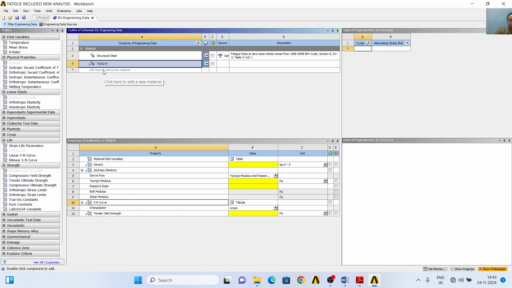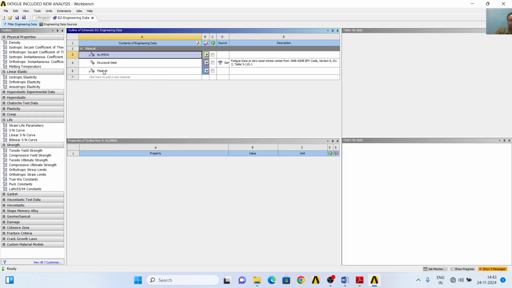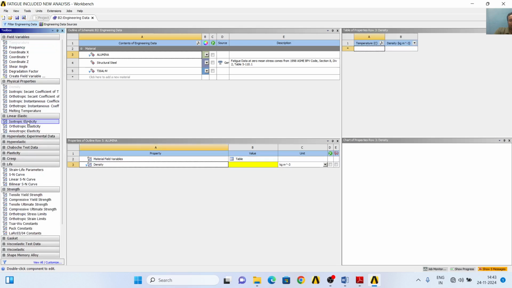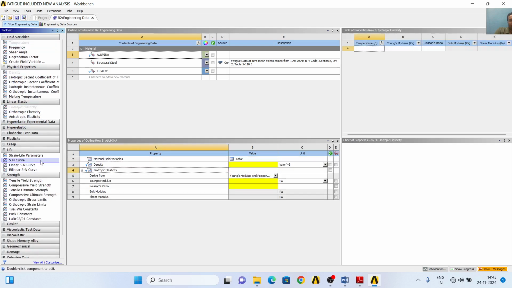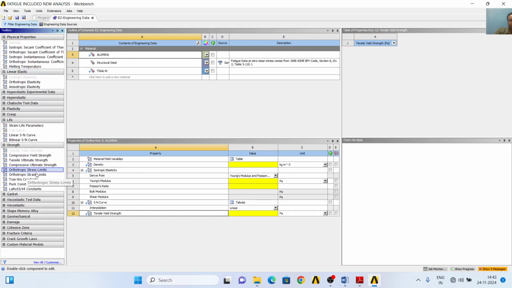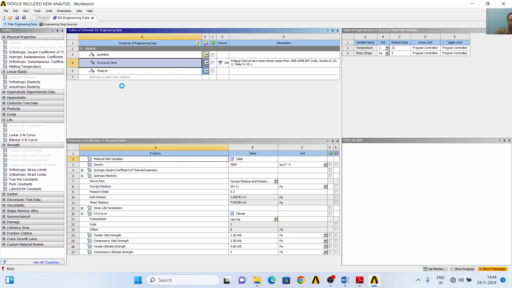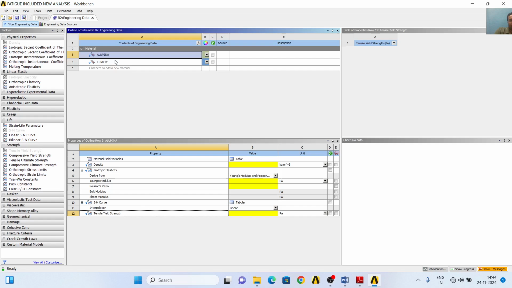Similarly, I will create another material, alumina, and press enter. I will take density, isotropic elasticity, SN curve, and tensile yield strength. So the materials are defined, and I will now give their properties.